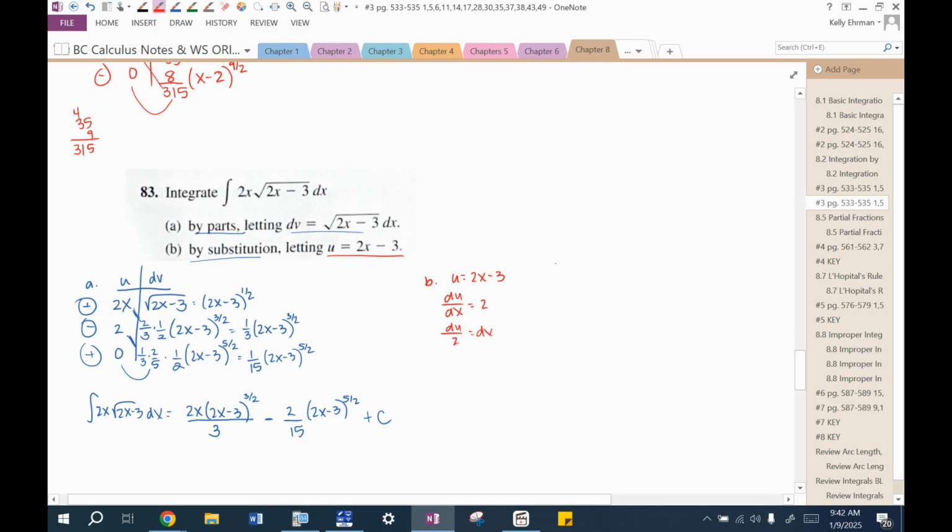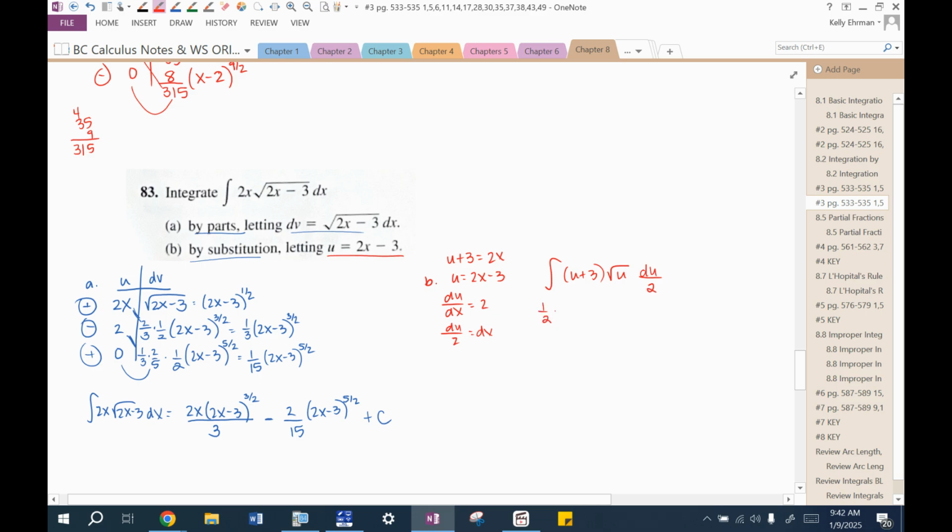So let's set up what we have. Now that's not going to cancel out the 2x. So remember the trick we have? Instead of 2x, u plus 3 can equal 2x. So I have u plus 3 in place of the 2x. I have square root of u because of the u sub. And then instead of dx, I have du over 2.